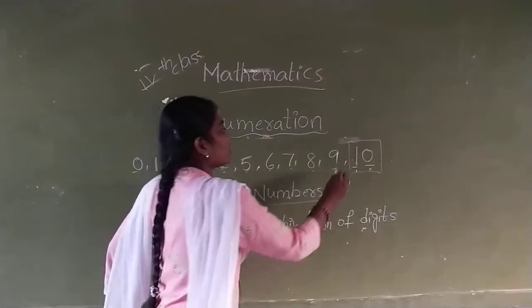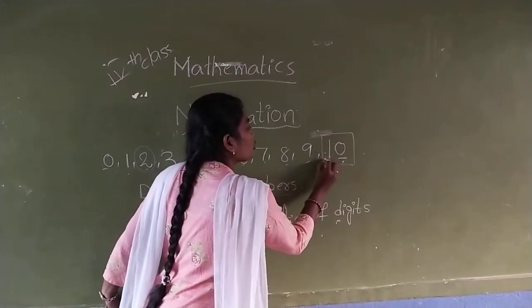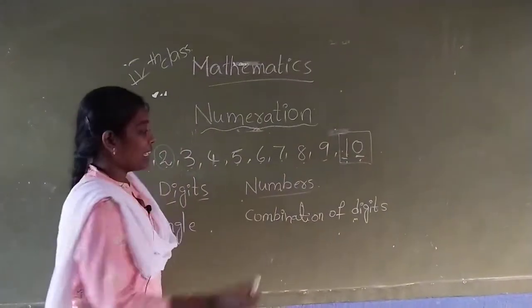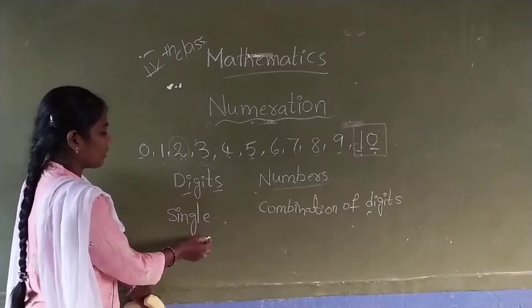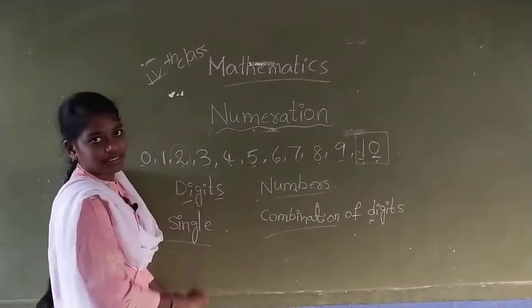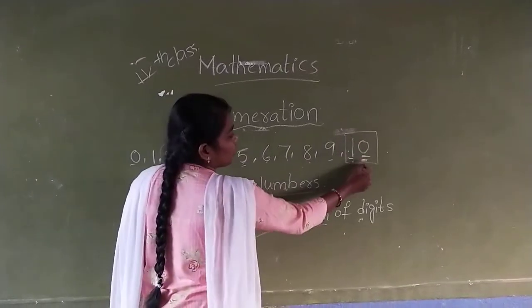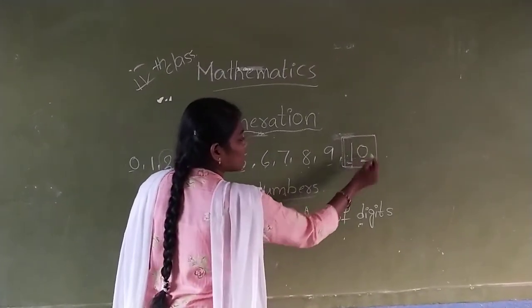In the same way, this is called a two-digit number and this is called a one-digit number. Digit means it represents single. Number means it represents the combination of digits. In this 10 we have two digits, that's why this is called a two-digit number.